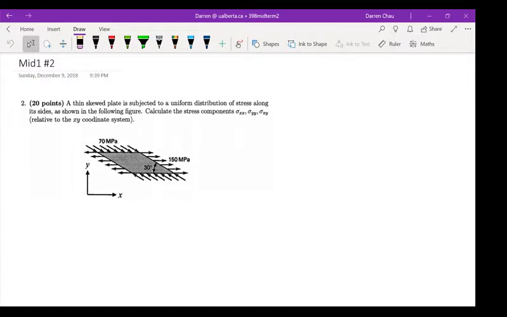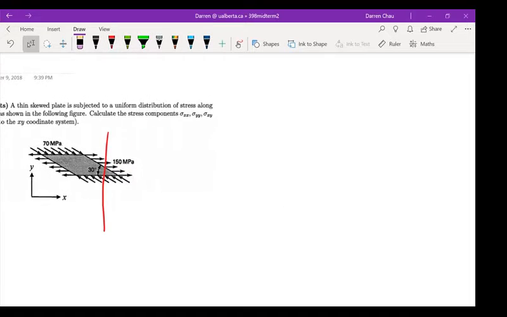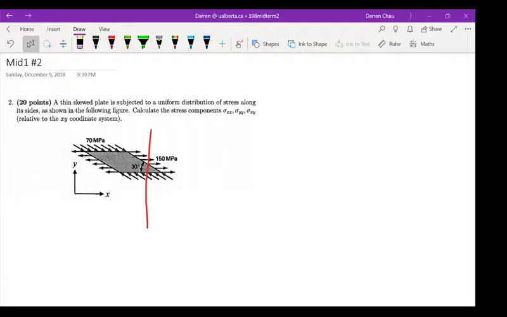So the first step that I would do is to actually cut the plate and expose the element where the plate is being cut.